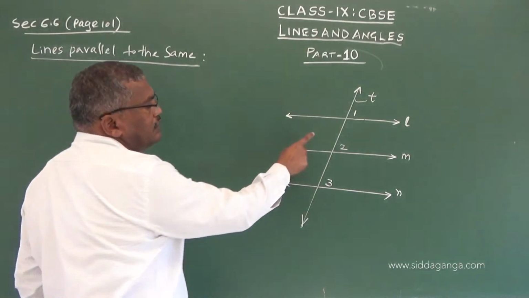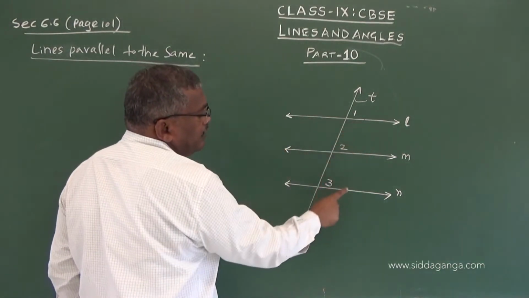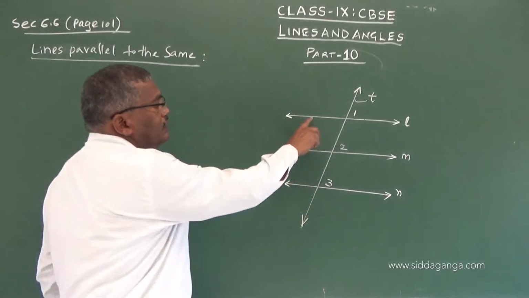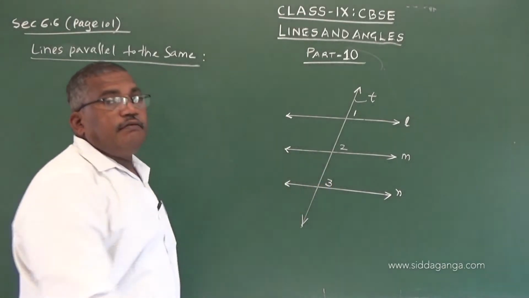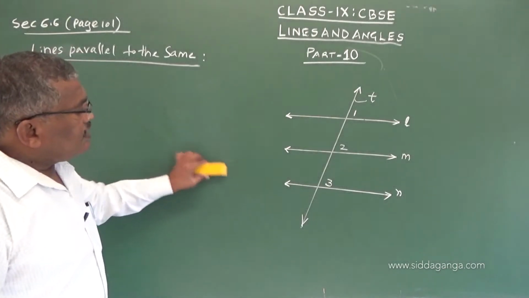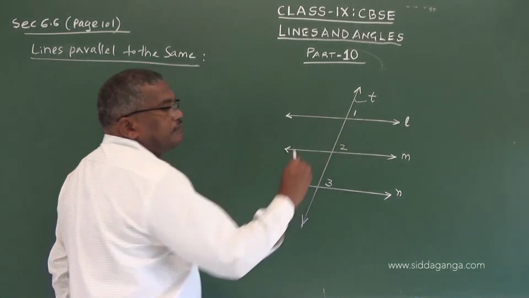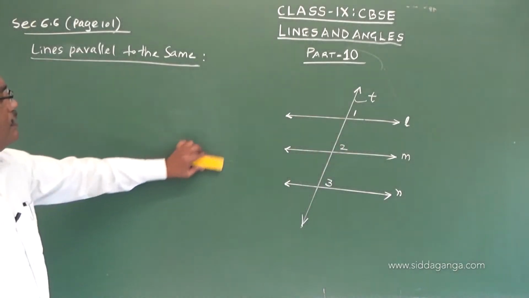That means L is parallel to N and M is parallel to N. So these two lines are parallel to the third line N. In such a case, what is the relation between L and M? That we have to establish.